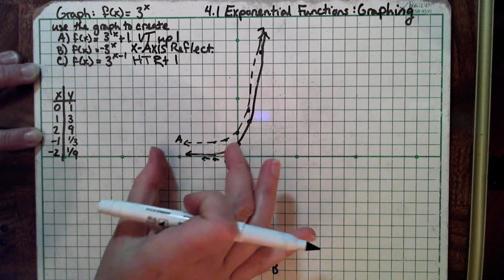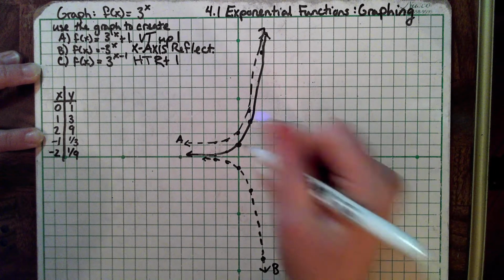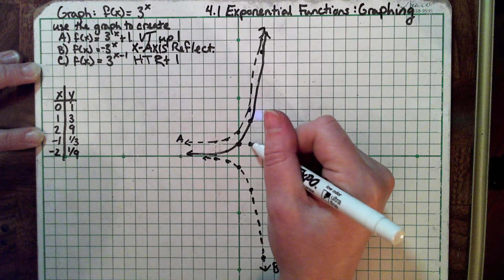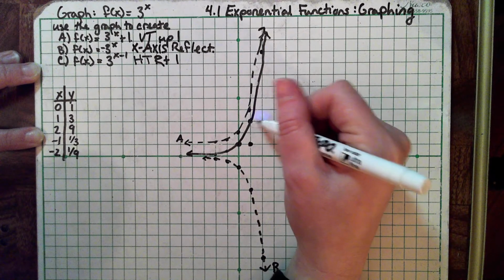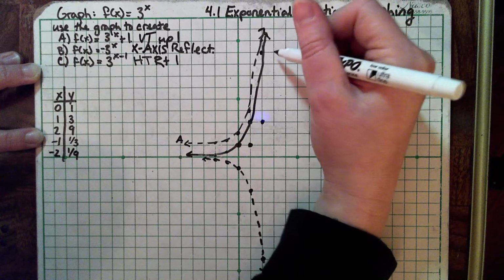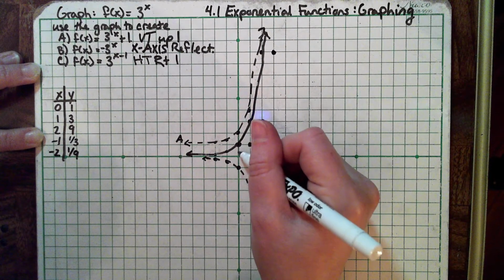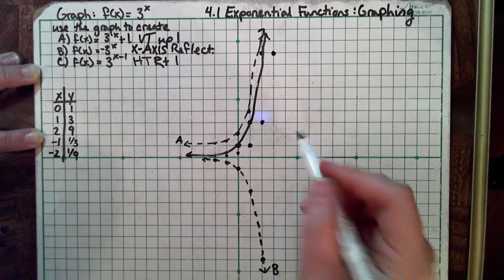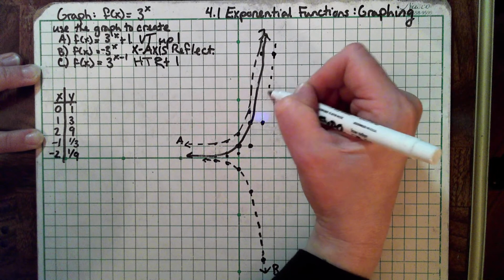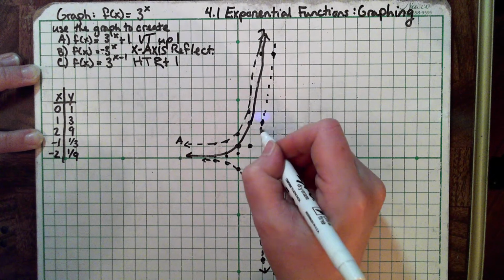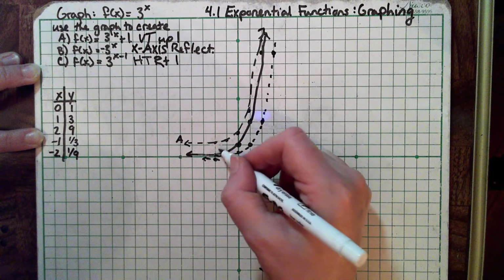So all I'm going to do is take each point and move it to the right 1. This one used to be at 0, now it's at 1. This one used to be at 1, now it's at 2. This one used to be at 2, now it's at 3. This one moves over, and the other one moves over. So this is my final graph. There it is. It's the graph of C.